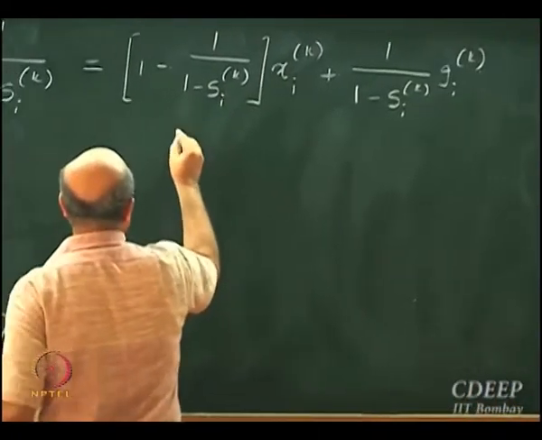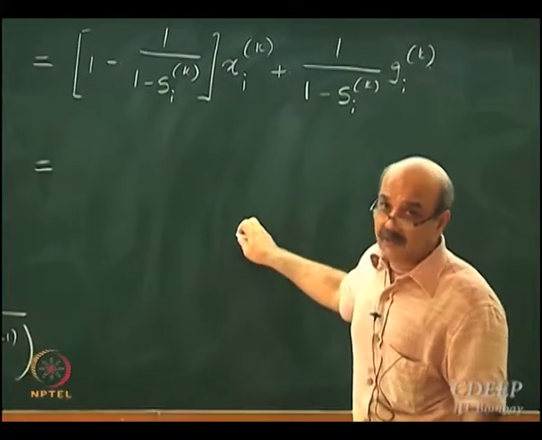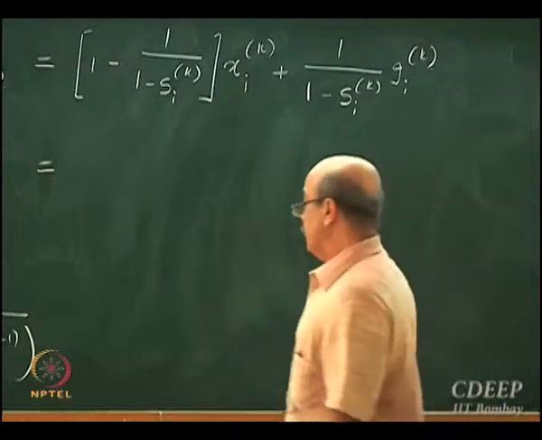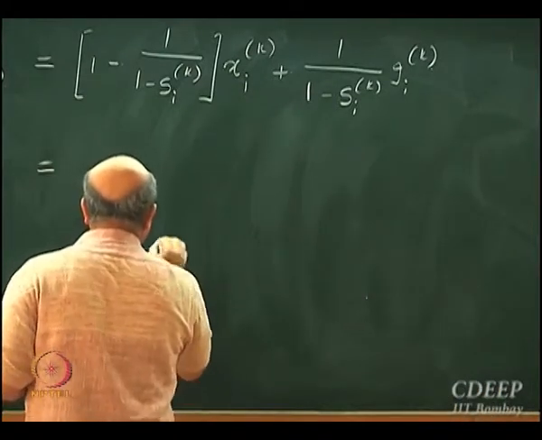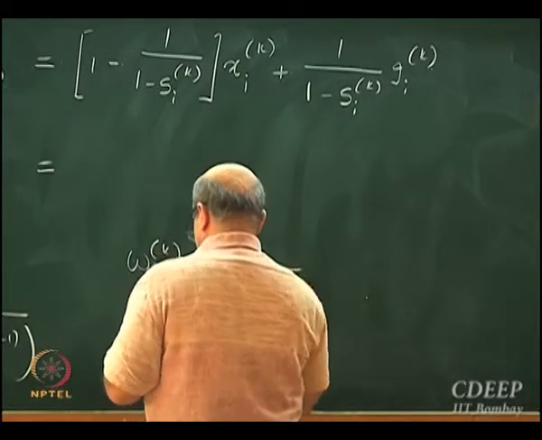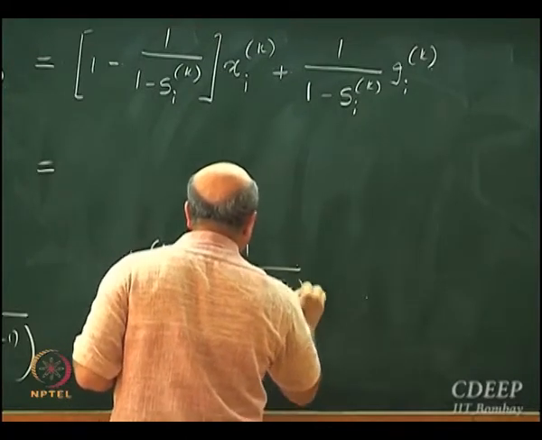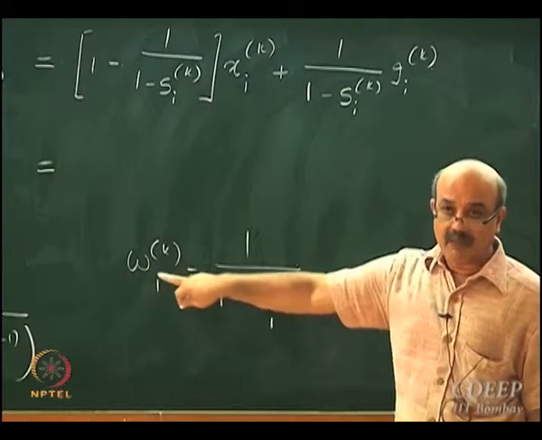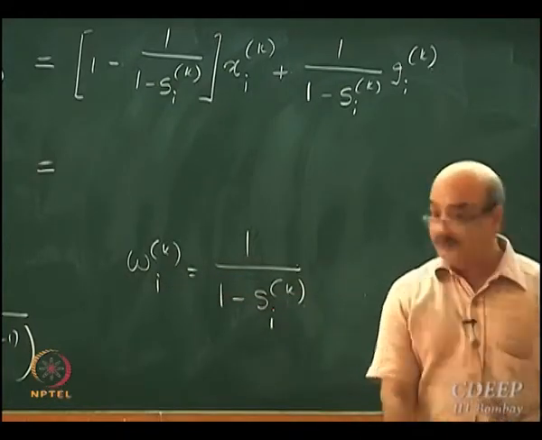Now I am going to define another variable which is omega ik, which is 1 upon 1 minus sik. I am going to introduce a new variable omega ik, which is 1 upon 1 minus sik.